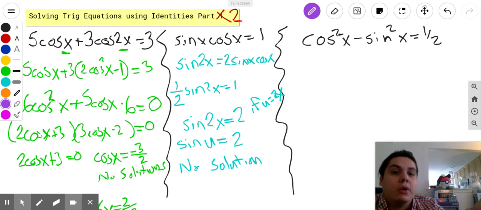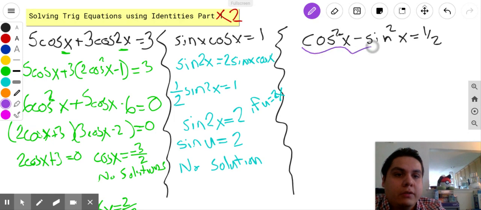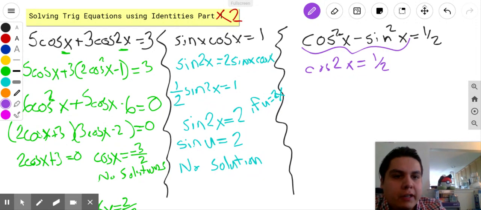So I can just go ahead and replace this with cosine of 2x equals 1/2. And then I can do the u substitution again, like if u equals 2x, then I'm really trying to figure out where cosine of u will equal 1/2.